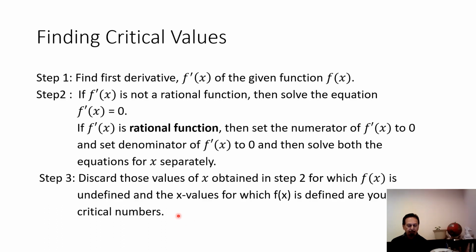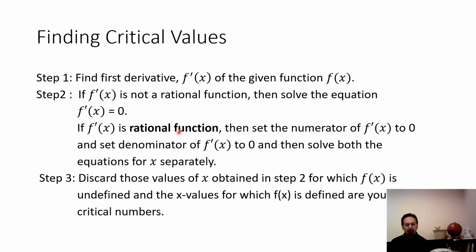How to find critical numbers? Well, the first step is to find the derivative of the given function. If f prime is not a rational function, then set f prime of x equal to 0 and solve the equation.